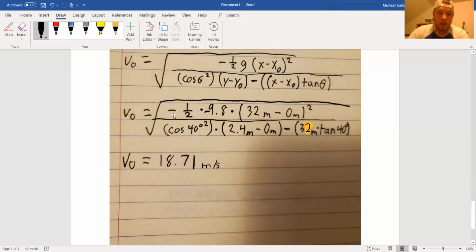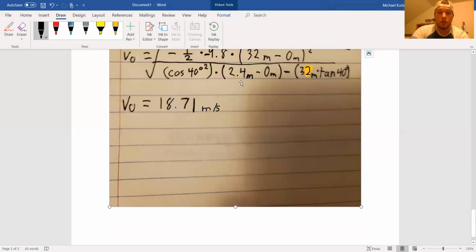we start with negative 1/2 times negative 9.8, which was our acceleration of gravity, times 32 meters minus 0 meters, the distance in the x direction, squared, divided by cosine of 40 degrees squared, times 2.4 meters minus 0 meters, this is the y direction, minus 32 meters times the tangent of 40 degrees.